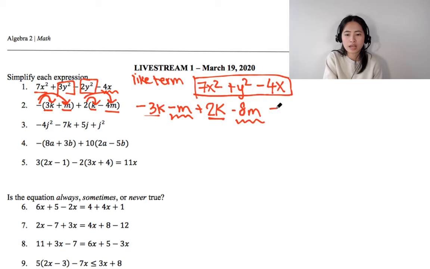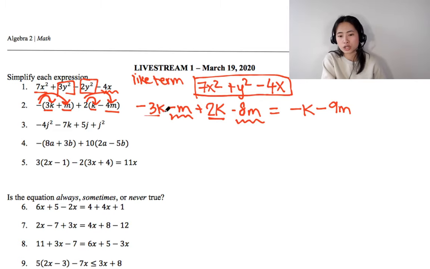As I've indicated, you can go ahead and combine these. So you're going to have negative k, because it's negative 3k plus 2k. That would give you negative k. And then you have negative m and negative 8m, that would give you minus 9m. What happens here is you're subtracting 3 and 2, and you're carrying over the negative sign because the negative sign is found in the larger number.